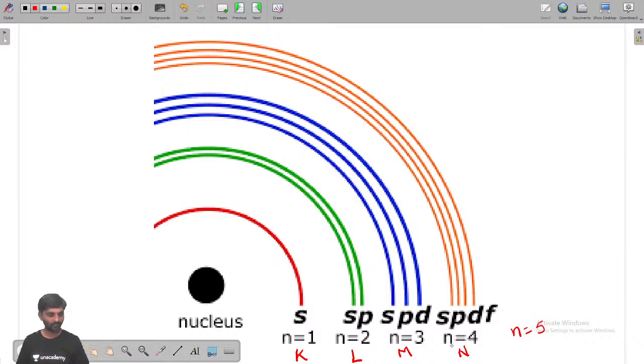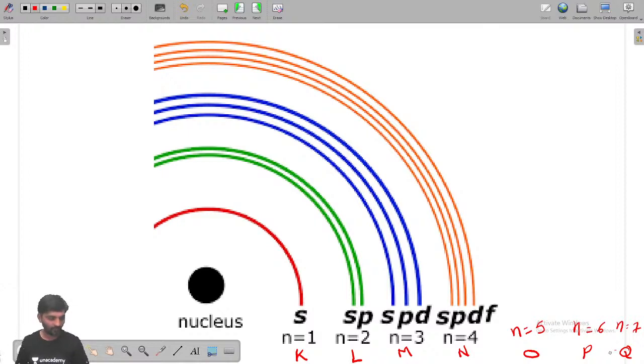Okay, I will tell. Don't worry. For n is equal to 5, you have O. For n is equal to 6, you will have P. For n is equal to 7, you have Q. Like this, you will have many.